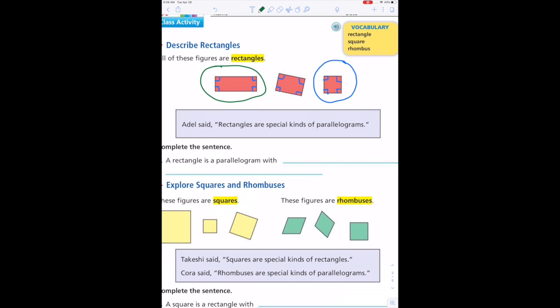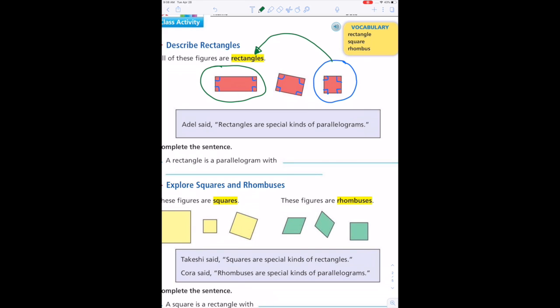Well, you're absolutely right. A square is a type of rectangle. So listen closely. A square is a type of rectangle. So it is a parallelogram with 4 right angles.